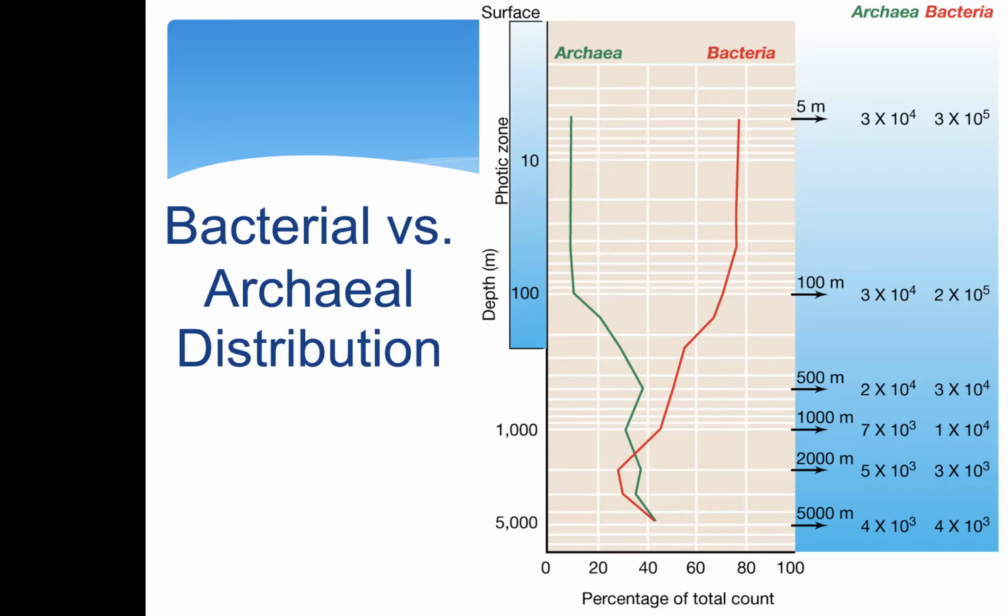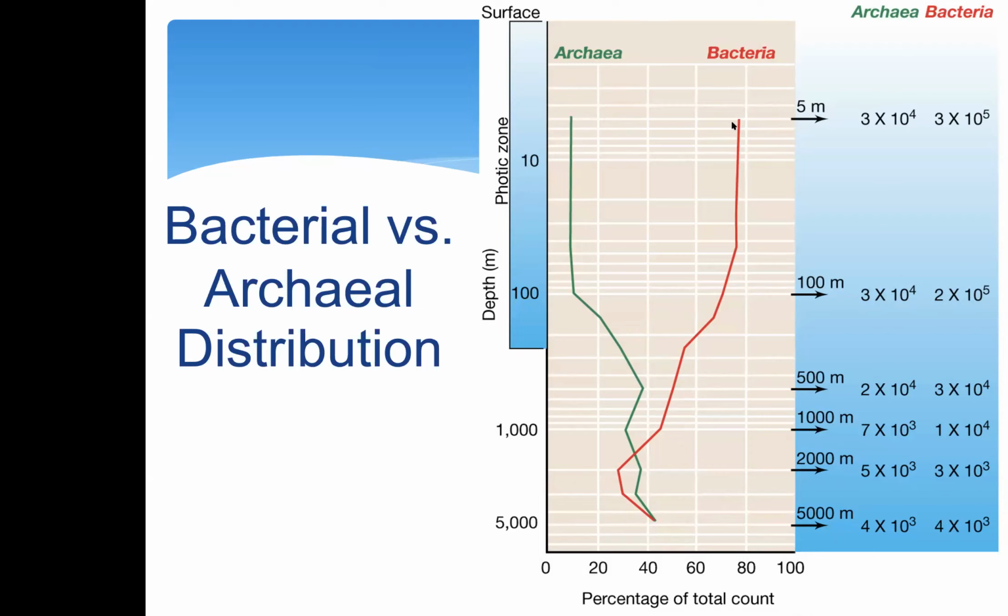And they used this method. And what they found is that if you look on this, this is the percent of the total count. And these are orders of magnitude, sort of log numbers, right? So at the surface, you get 10 times as many bacteria as you have archaea. And so that's why they make up so much more here.